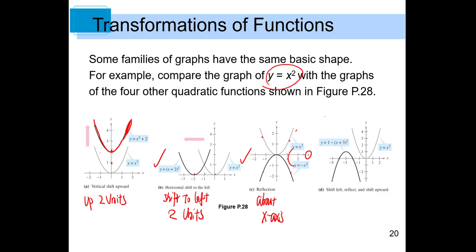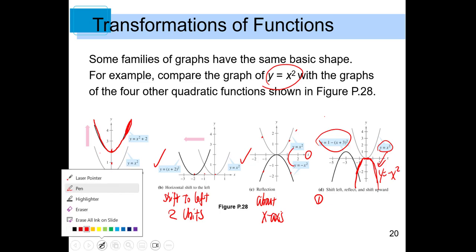And then the next one is a series of transformations. Going from this function to this function, reflection about the x-axis first, right? So you get this. Going from this to this, it becomes y equal to minus x squared.